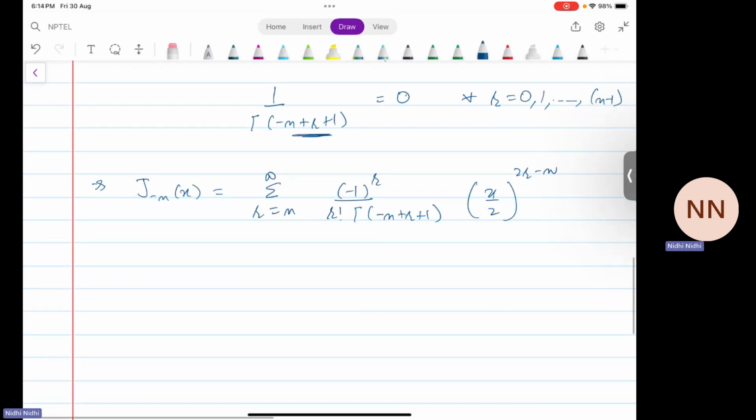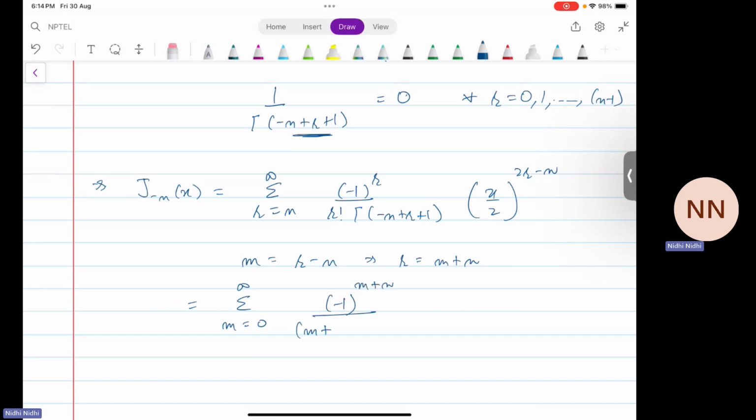Now let's take m equal to r minus n, that is r equals m plus n. We'll be just shifting the series, or we can say we are doing a substitution in the series. So instead of r we have m, from 0 to infinity, (minus 1) to the power m plus n.